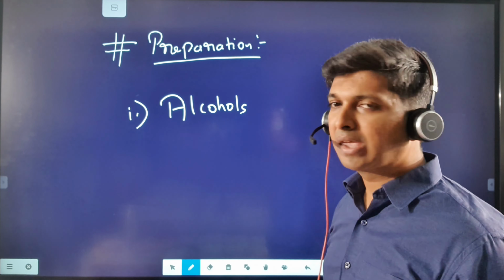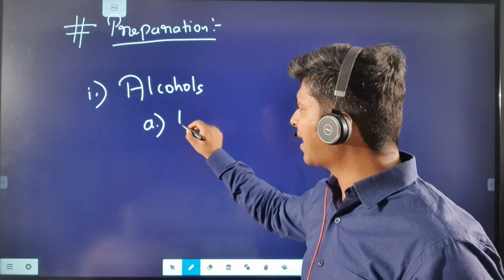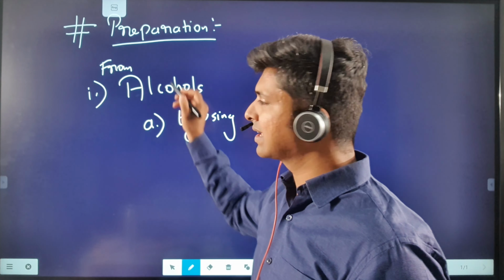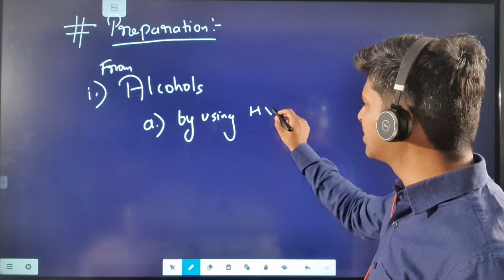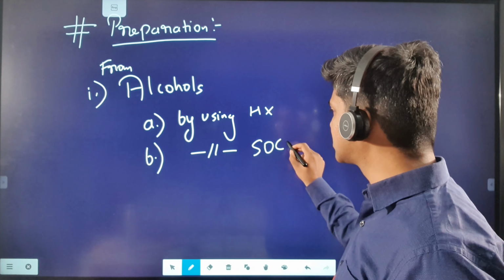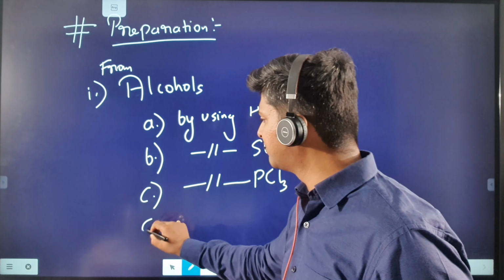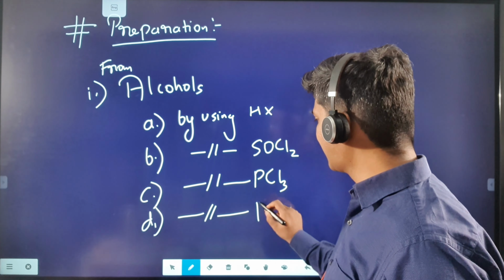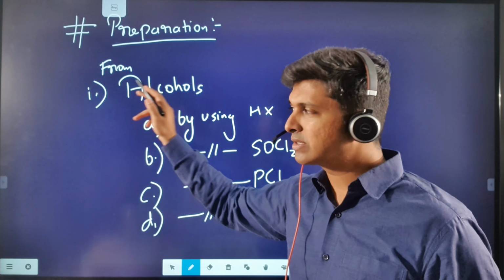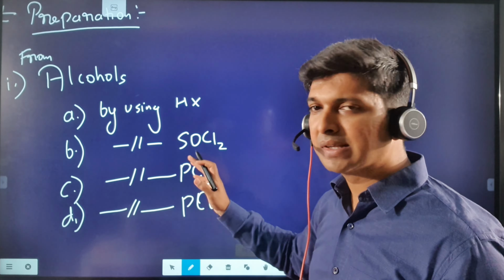So starting from alcohols, we can use HX, or SOCl2, that's also known as the Darzens process, and then PCl3 and PCl5. So these are the four methods. When I start with the alcohols, I can convert them to haloalkanes. Okay, let's see one by one. These are short methods, easier ones.